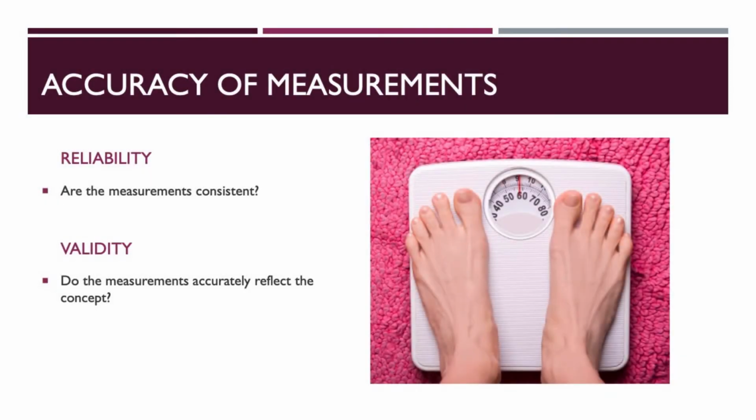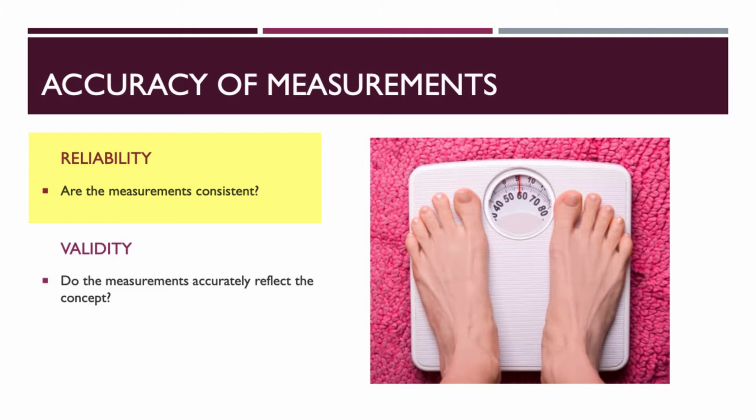Next, I want to talk about making sure that our measurements are accurate. And there's really two closely related terms that I want to explore in this lecture to help us determine whether or not we have good measurements, whether we have good operationalizations of our concepts. So the first is reliability. So here we're talking about determining whether or not the measurements are reliable.